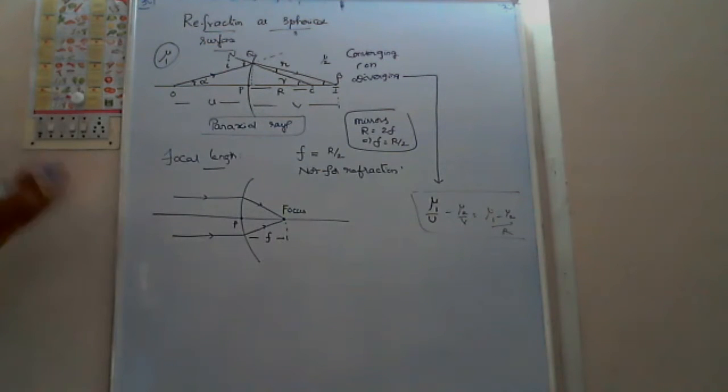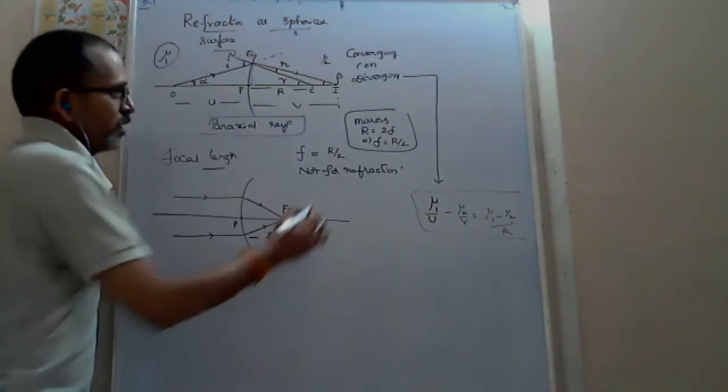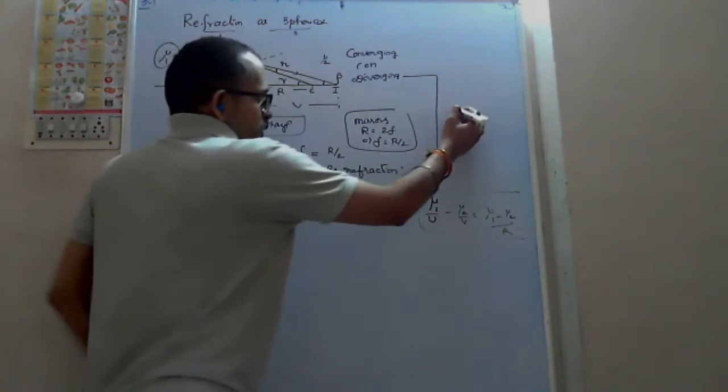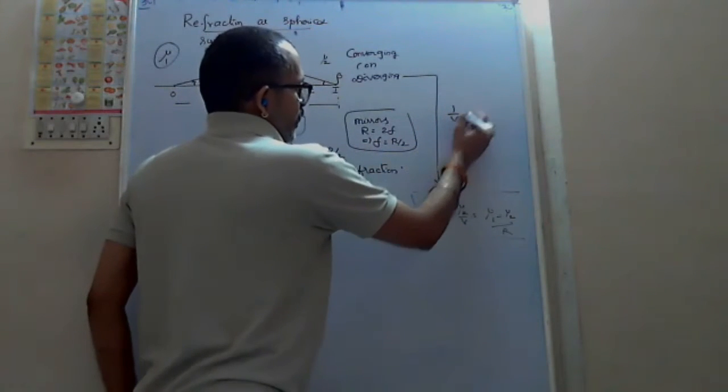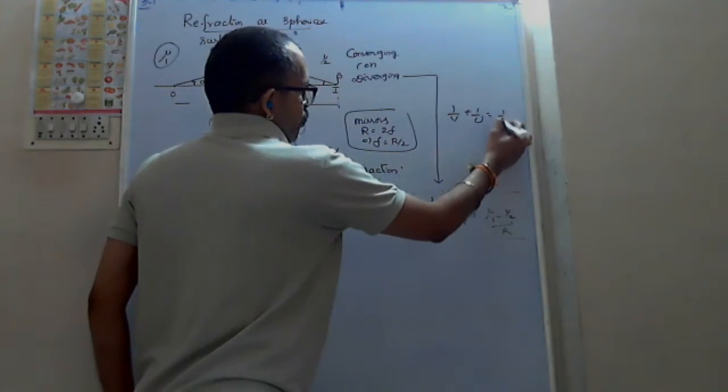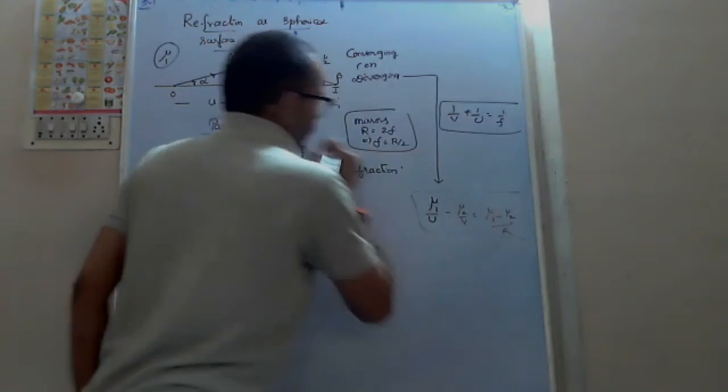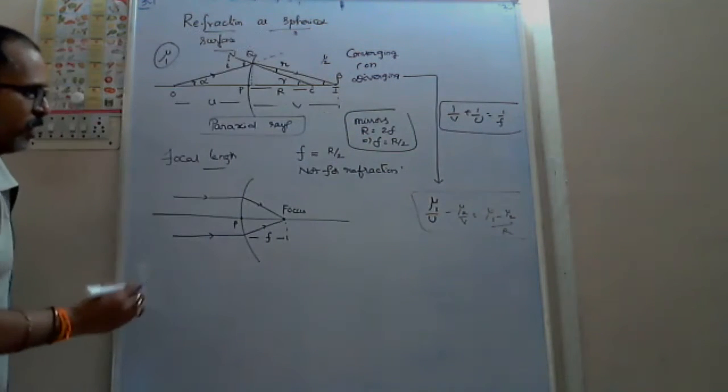Okay. For mirrors, the formula is 1 by V plus 1 by U equals 1 by F. That is the mirror formula.